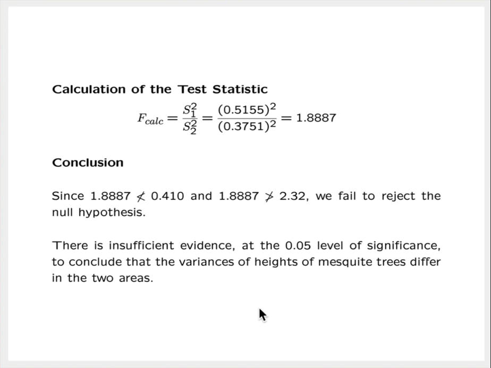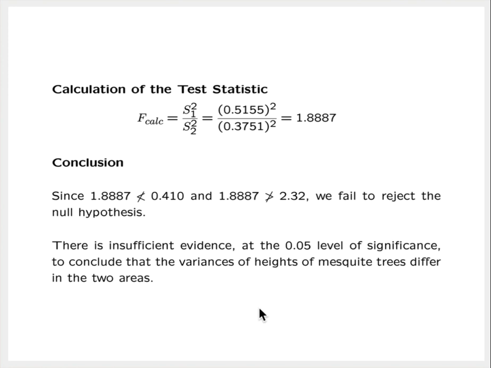And so while we have not proved the null hypothesis to be true, and that's a good point to make, whenever we fail to reject the null hypothesis, we're not proving that the null hypothesis is true. All we're doing is failing to reject it.